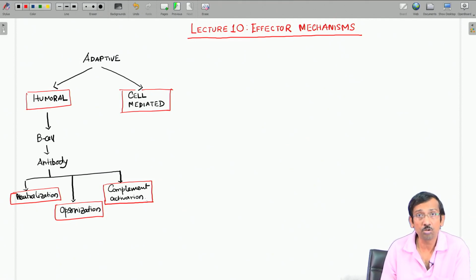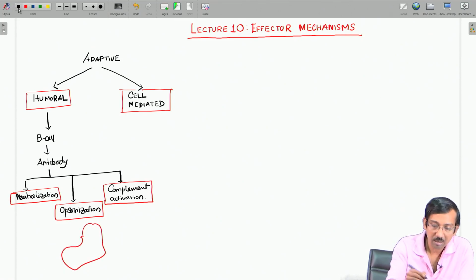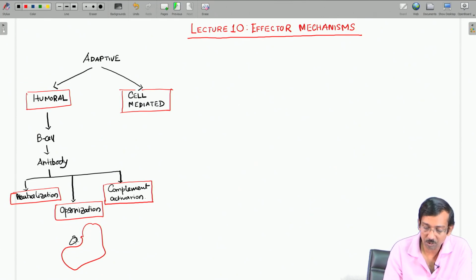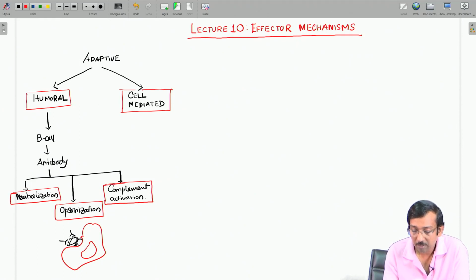Then they can opsonize: they go and coat the surface of the pathogen, and then help in the process of phagocytosis. And then you can also have complement activation. Now this is something new, what I told is complements.